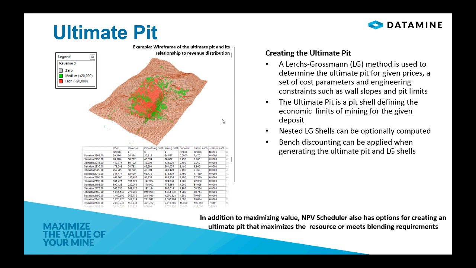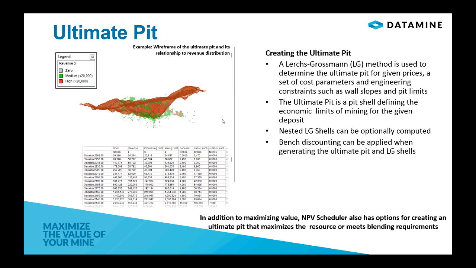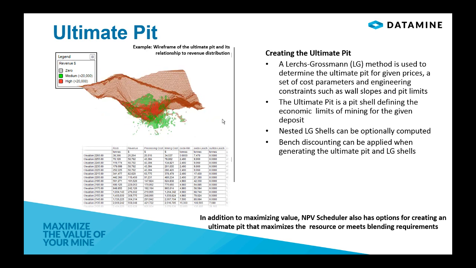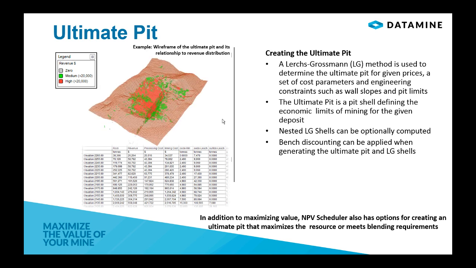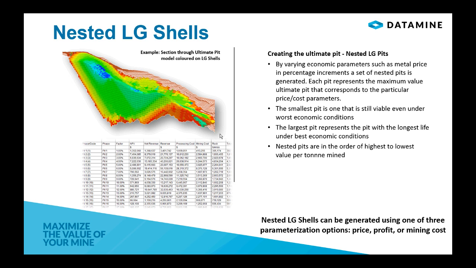The ultimate pit is generated using the Lerchs-Grossmann algorithm based on the design slopes that are defined for different geotechnical regions, and it's optionally creating nested LG shells that are providing an opportunity to see how we should go about extracting our deposit, where is the most valuable part, where we have to focus our attention first.